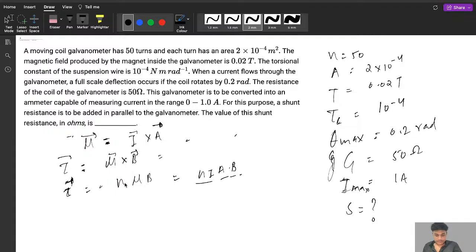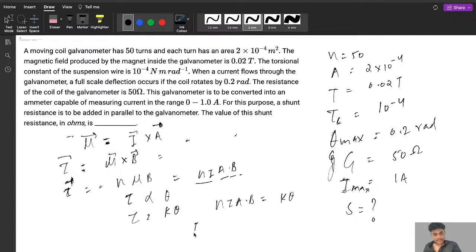Now, if you see, our torque is directly proportional to theta, and torque is equal to K times theta. From here, N I A into B is equal to K theta.